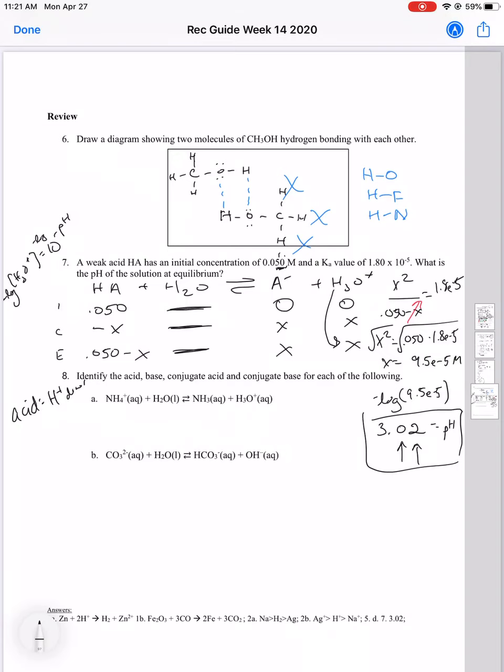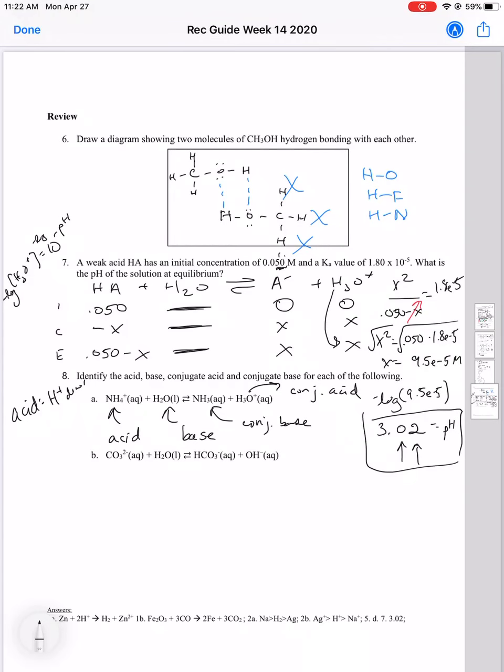So in this case, the NH4 plus is donating the hydrogen, and the H2O is accepting the hydrogen, and that makes our NH3 our conjugate base. You can also think of it as the NH3 is able to accept a proton and turn into NH4 plus, and then our H3O plus is our conjugate acid.